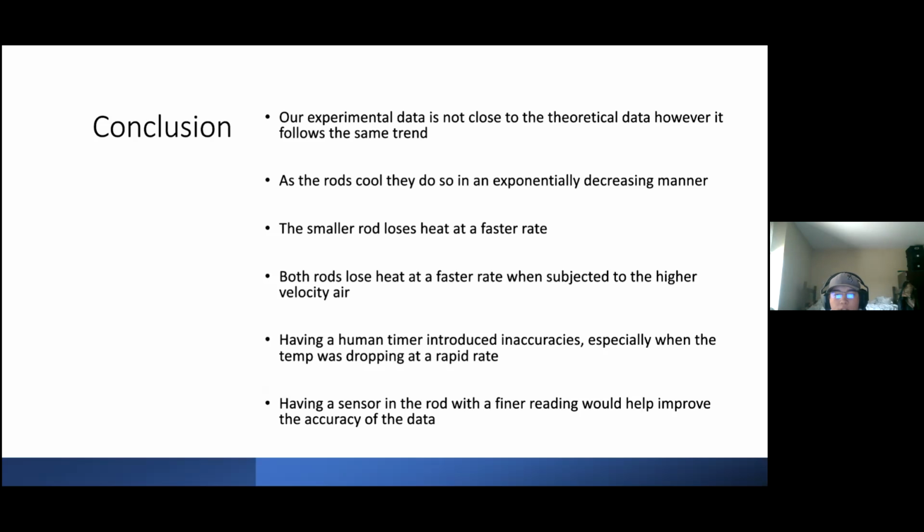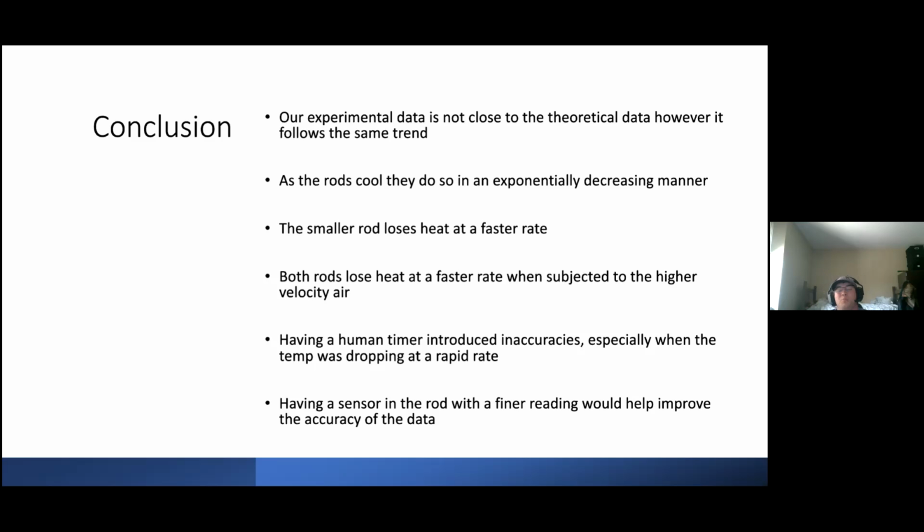The small rod did lose heat at a faster rate than the large rod. That was found to be a common trend between both high velocity and low velocity. And then both rods lost heat at a faster rate when subjected to a higher velocity.